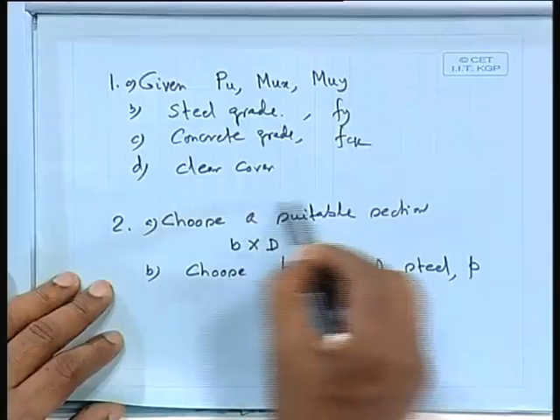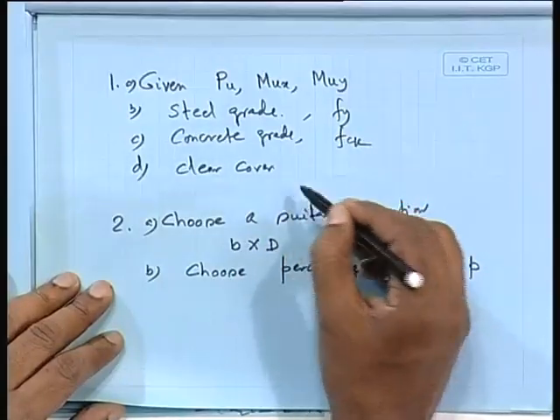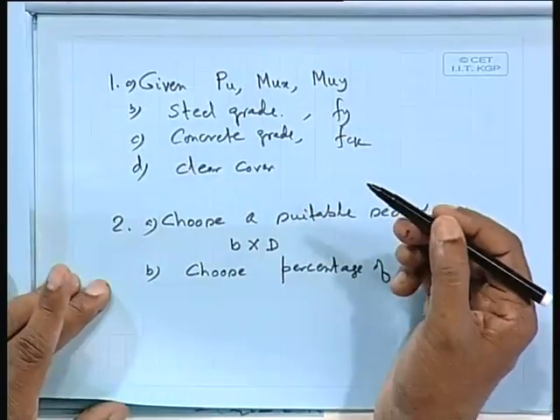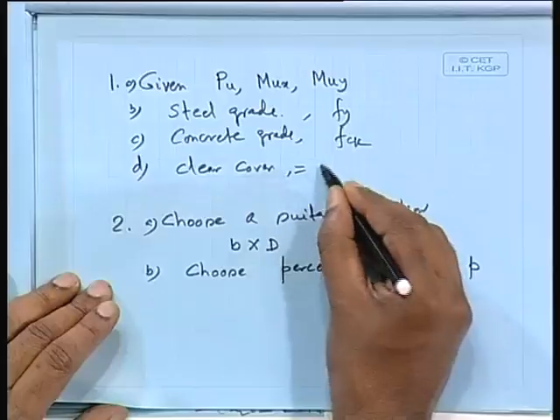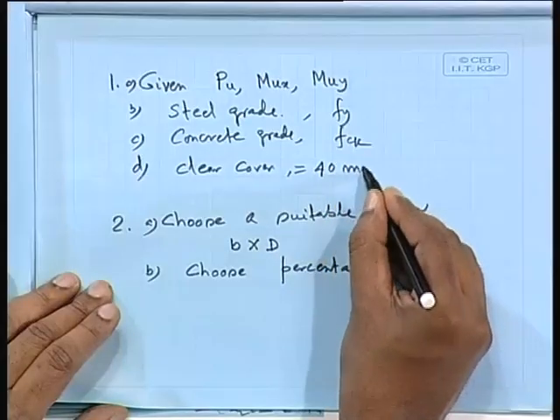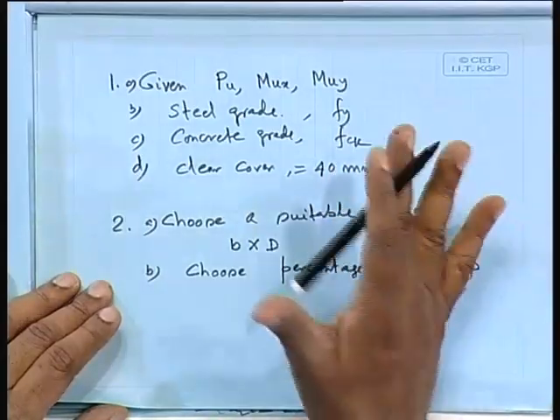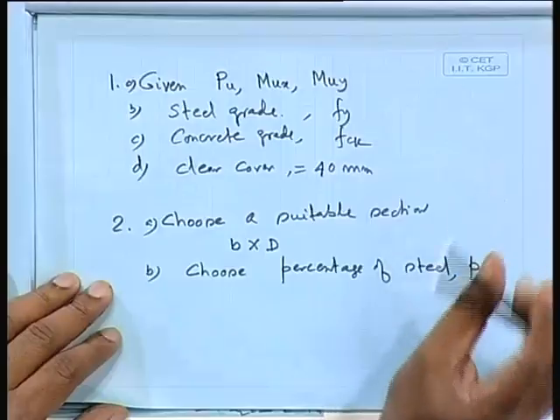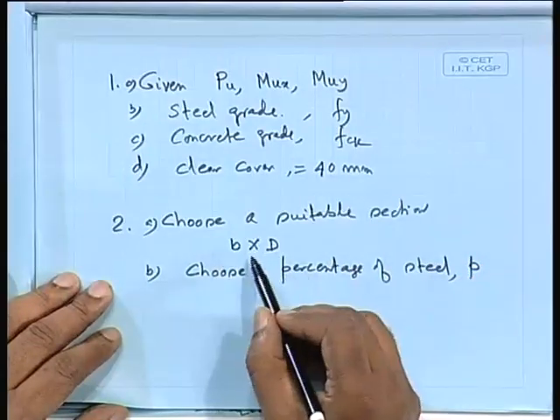So, all those things are given or assumed. Clear cover we can assume 40 millimeter or 50 millimeter, whatever we give. So, let us say that for all the cases we shall give 40 millimeter. Anyway, where others are specified, we have to take 40 millimeter. So, now choose a suitable section B times D.